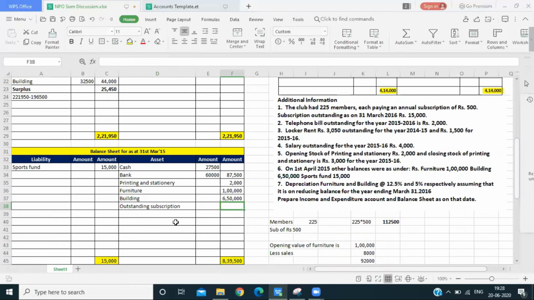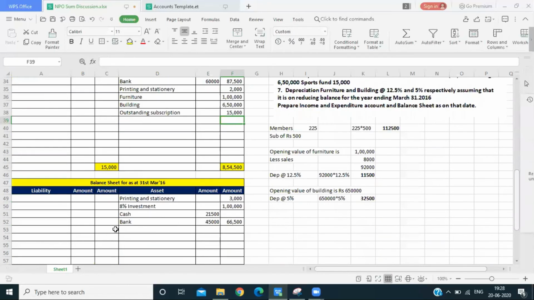In 2015 we had an outstanding subscription of 15,000, and in the current year also we have an outstanding subscription of 15,000, which is, I will show you the split.